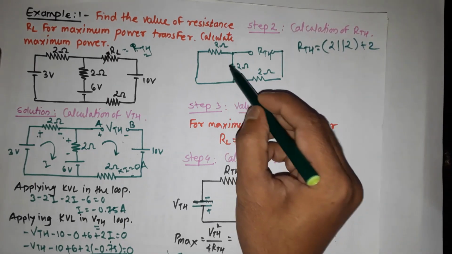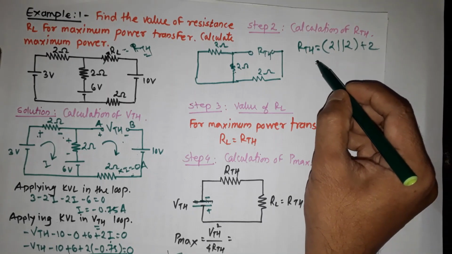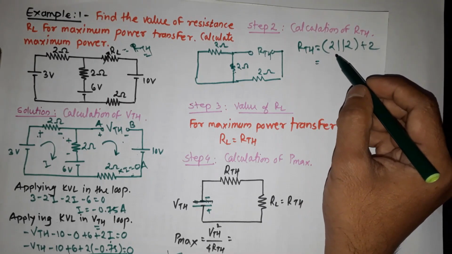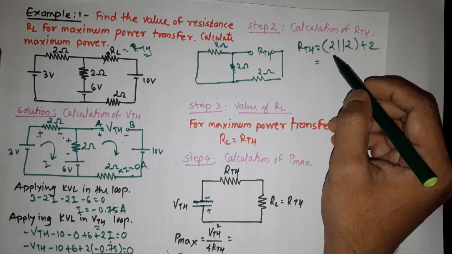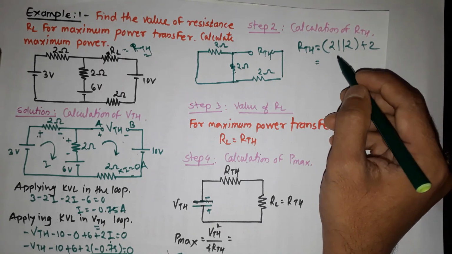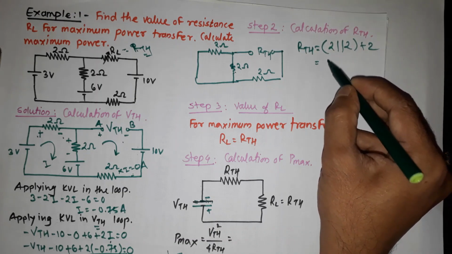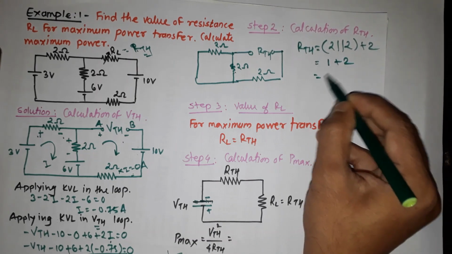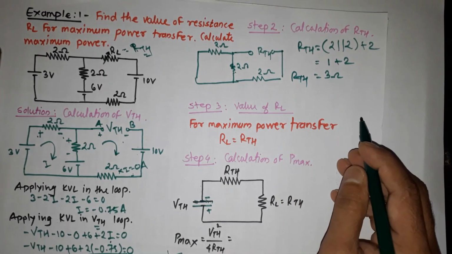That means this is the parallel combination plus the series combination. And remember that when two resistances are the same and in parallel, the parallel combination is half of that. So here the 2 and the 2 in parallel is 1. So 1 plus 2 is equal to 3 ohm. That means RTH is equal to 3 ohm.